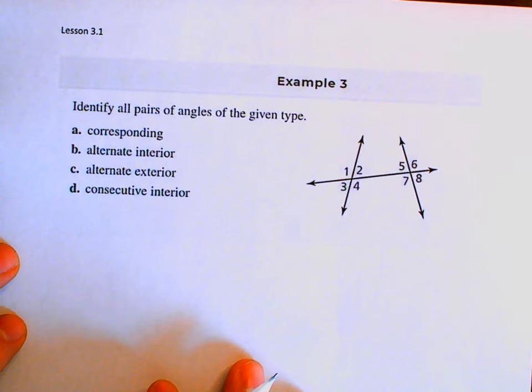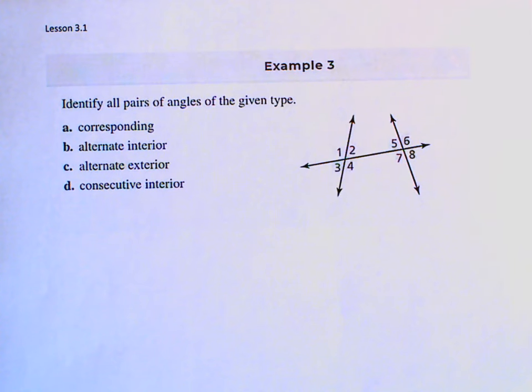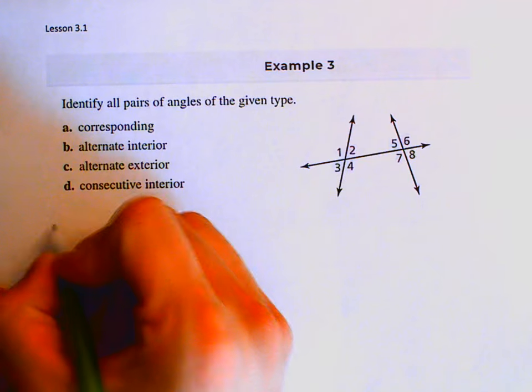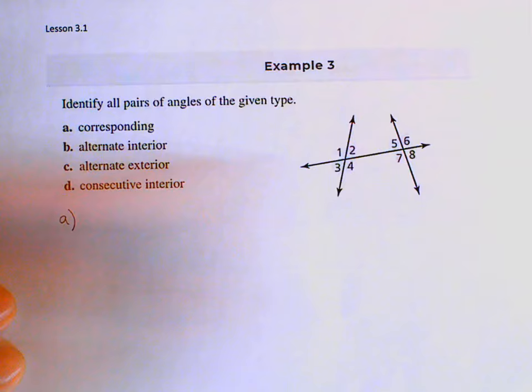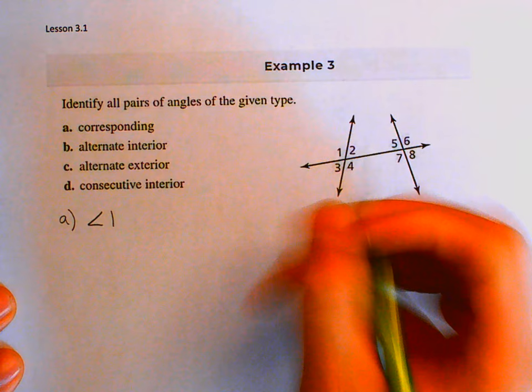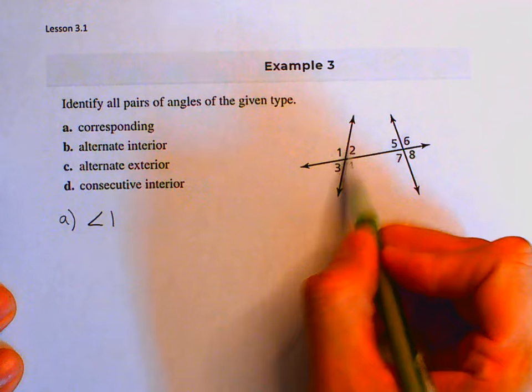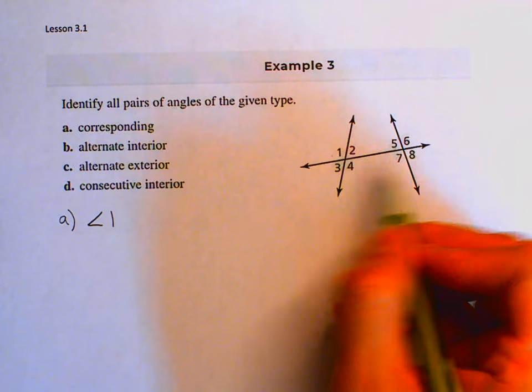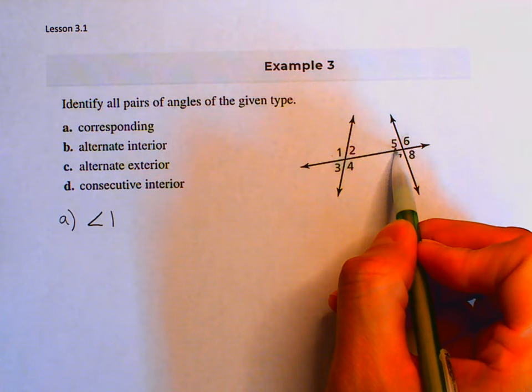Okay, example 3. Identify all pairs of angles of the given type. So we're going to start making a little list here. Okay, the angles that are corresponding. Now remember, they have to have the same position on the left-hand side and on the right-hand side. So for example, angle 1, this one is in the second quadrant, you would say, is going to be corresponding to angle 5.